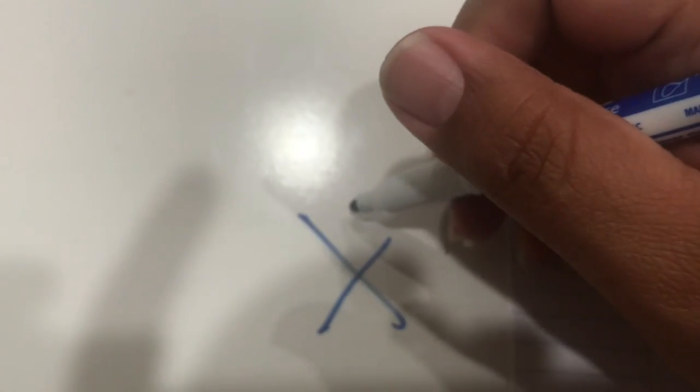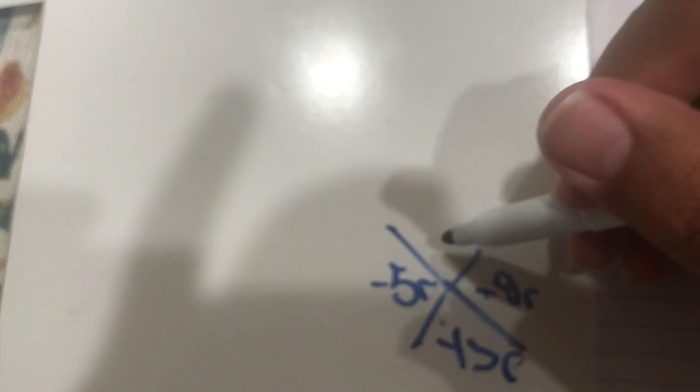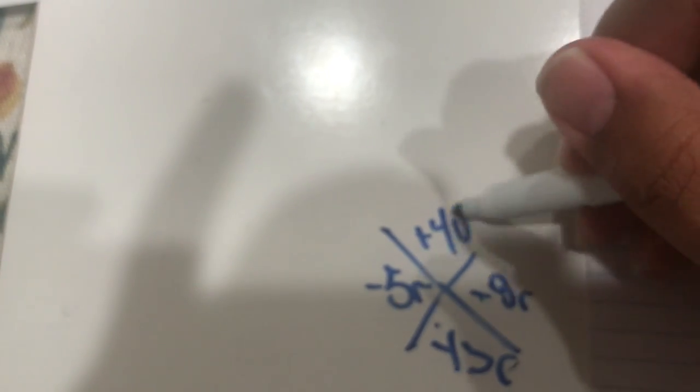We do that with our diamond, right? Negative 13r breaks up into negative 5r and negative 8r because it multiplies to a positive 40r squared, right?